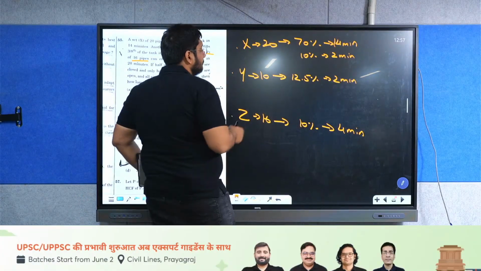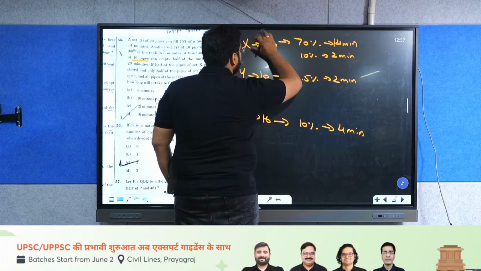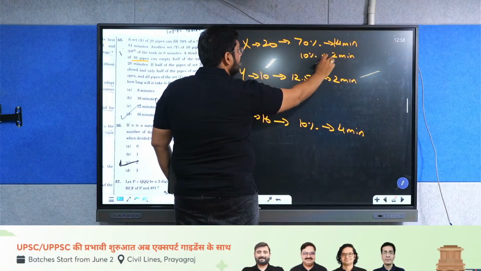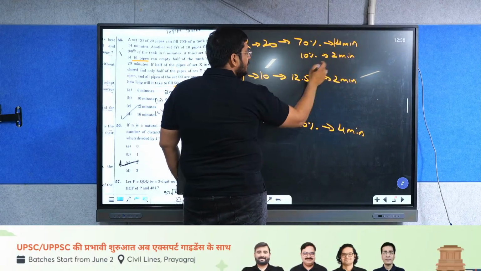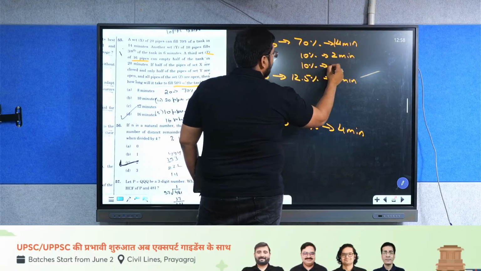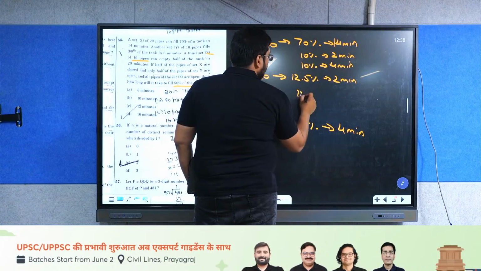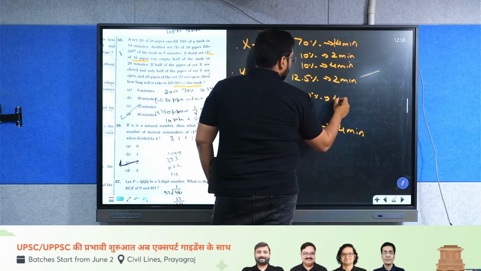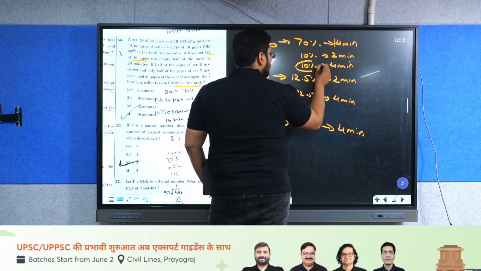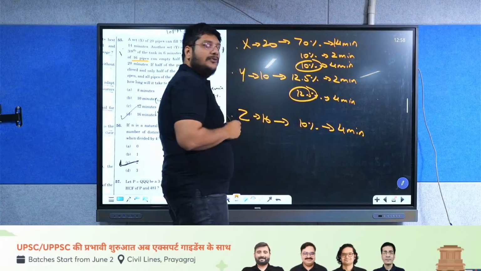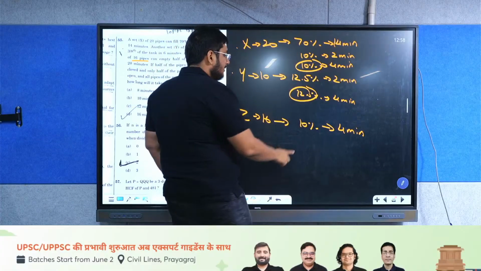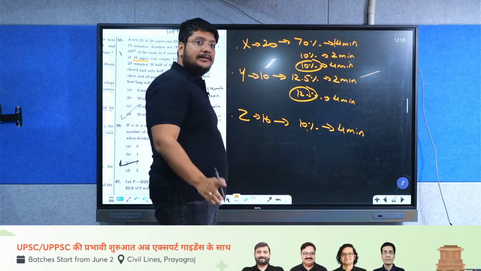Now see, if I take half of the pipes of X, that means instead of 10% in 2 minutes, it will fill 10% in 4 minutes. Similarly, Y will fill 12.5% in 4 minutes. Together, they will fill 22.5% in 4 minutes, but they will subtract also 10% in 4 minutes.